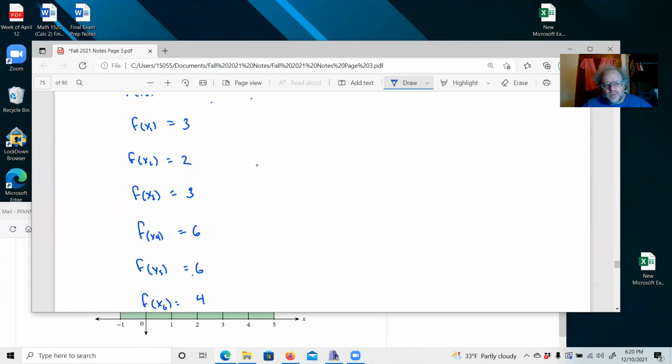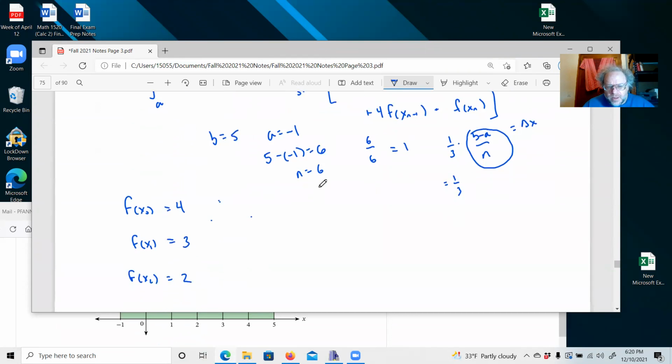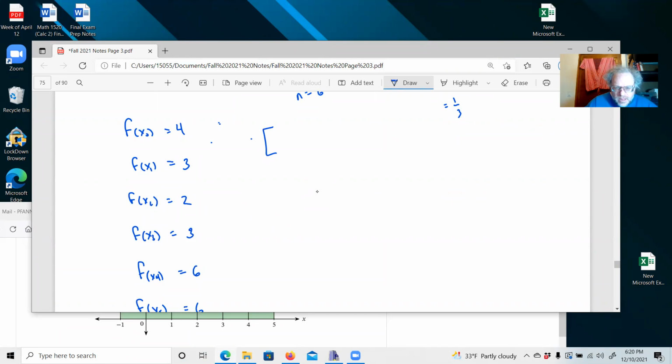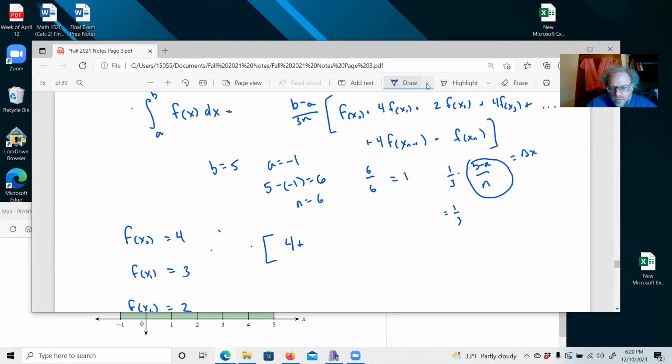Okay. So we have our things laid out here. So now we're just going to add them up. Okay, so we need f of x of 0, that was going to just be 4 plus, okay, here's my coefficient. We need 4 times, okay, so 4, 2, 4, 1, 2, 3, 4, 5, and then we need a 1 for the 6th one.